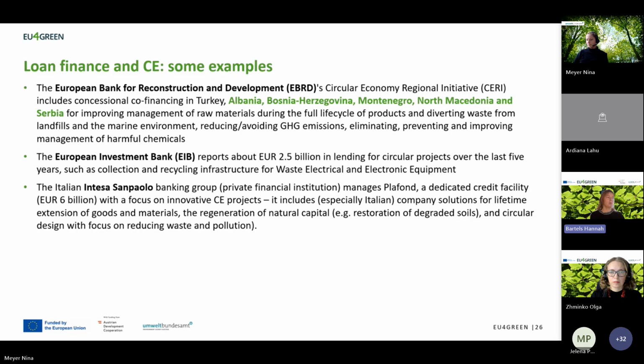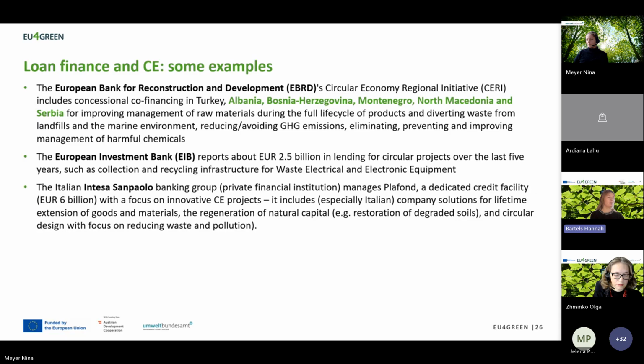Then we also have from EIB reports about 2.5 billion in lending for circular projects over the last 5 years, such as collection and recycling infrastructure for waste, electrical and electronic equipment. But I'm sure the colleague who will be joining us later can give us the most updated numbers on that.